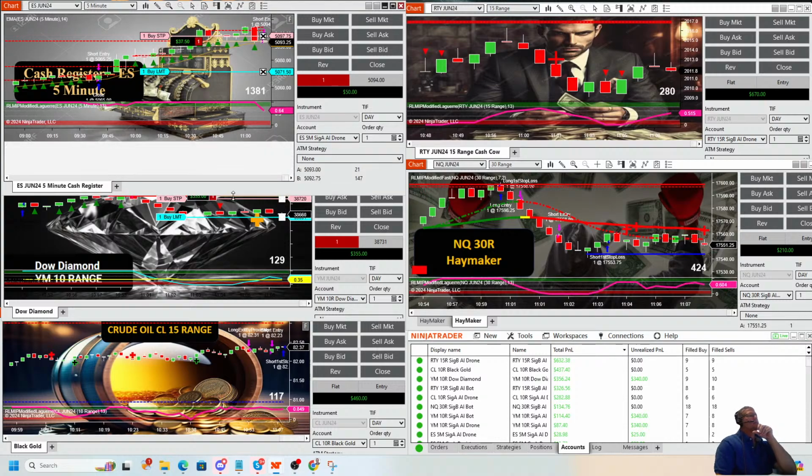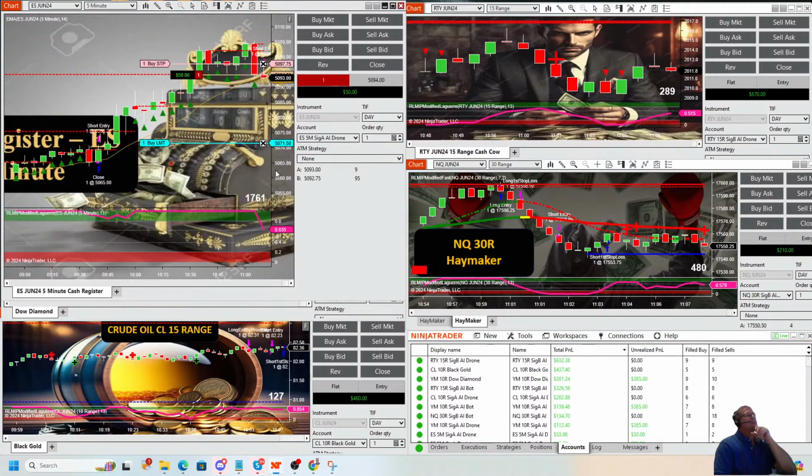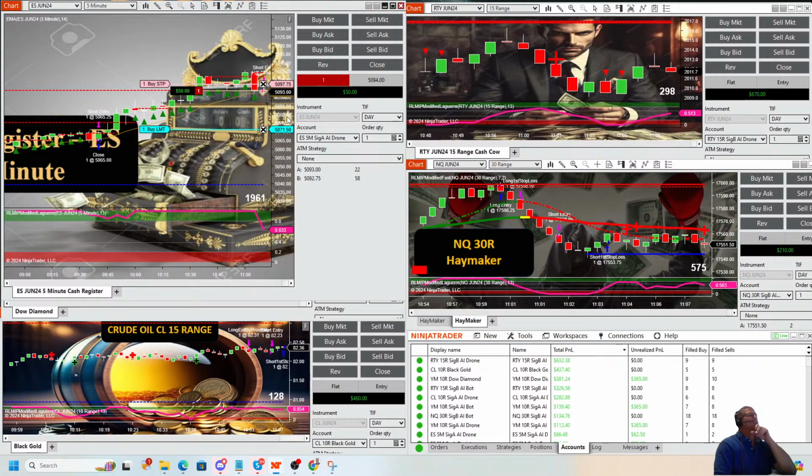Let's see, these ES trades, these reversals, this is our cash register strategy on the ES. And in the first couple hours of the market, it just kept pushing higher. And now momentum has kind of shifted a little bit here.